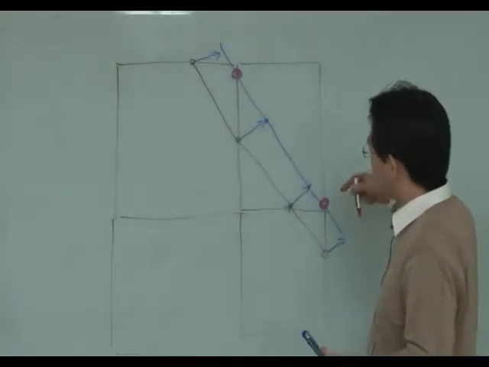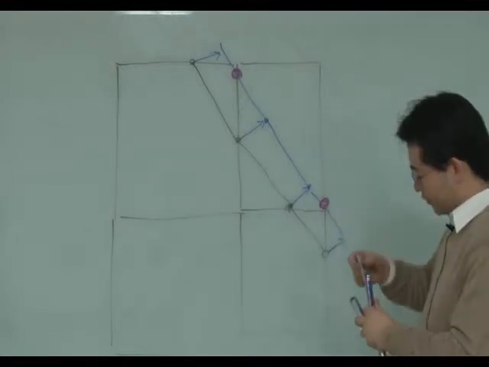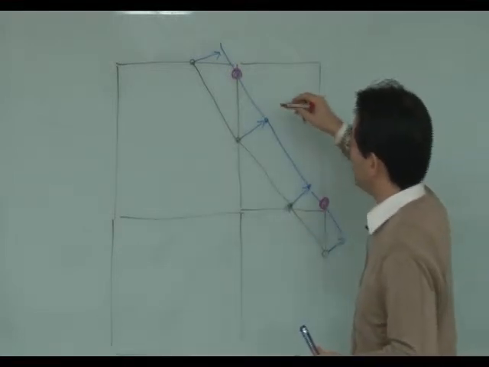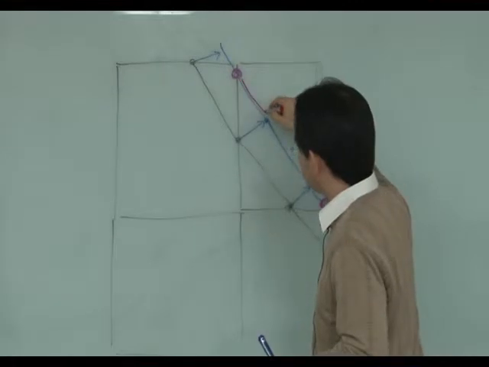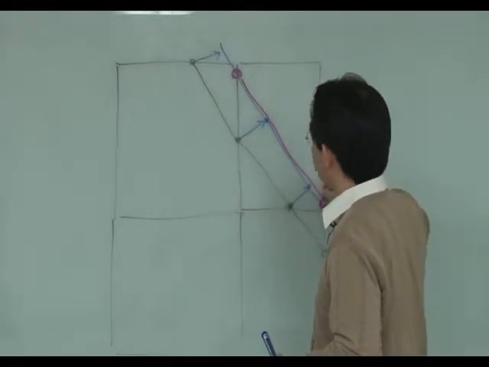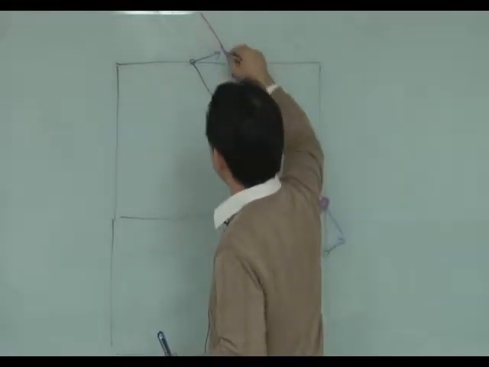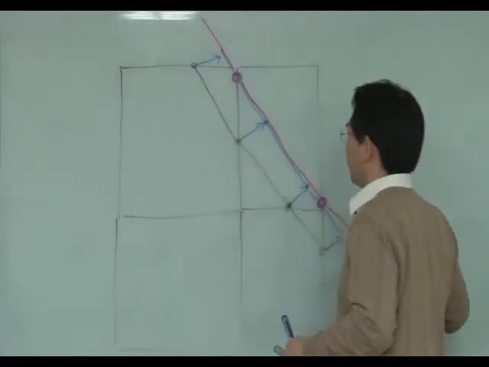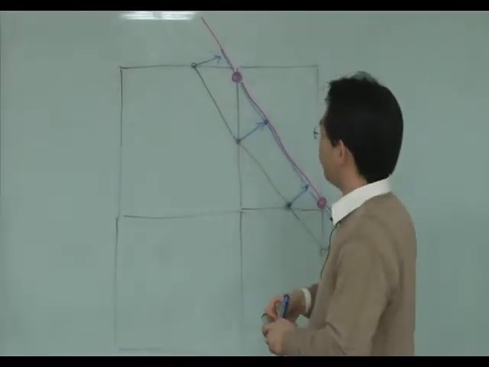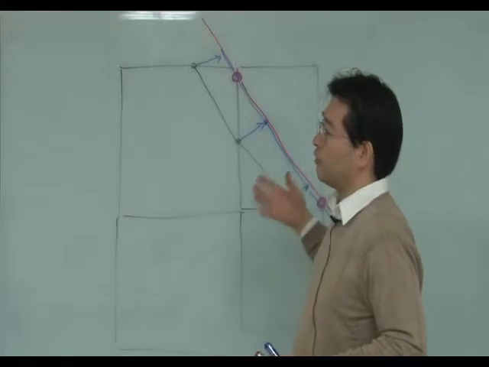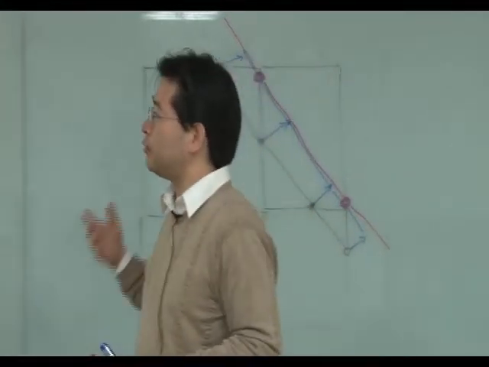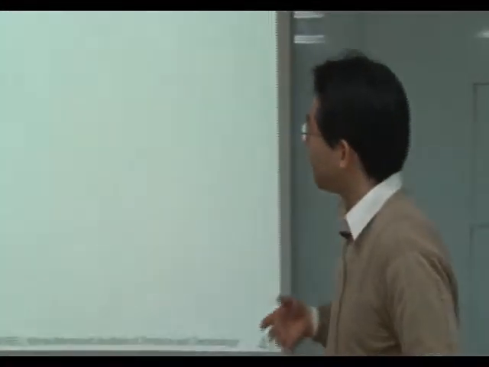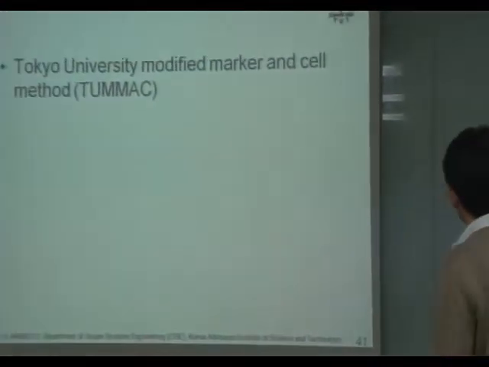After getting information of the next cutting positions, they will connect these cutting points by straight lines. So it will be the new free surface position.